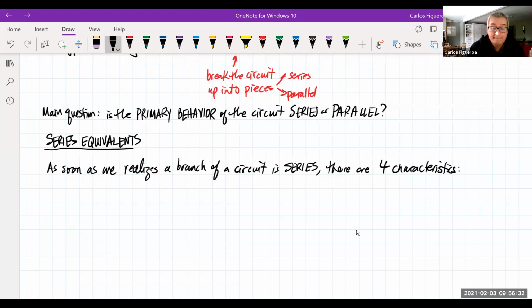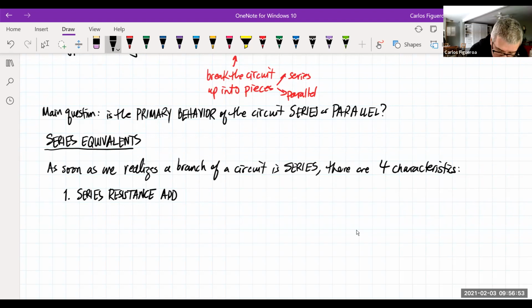Here they are. The first thing here is this. Series resistances add. And why do they add?